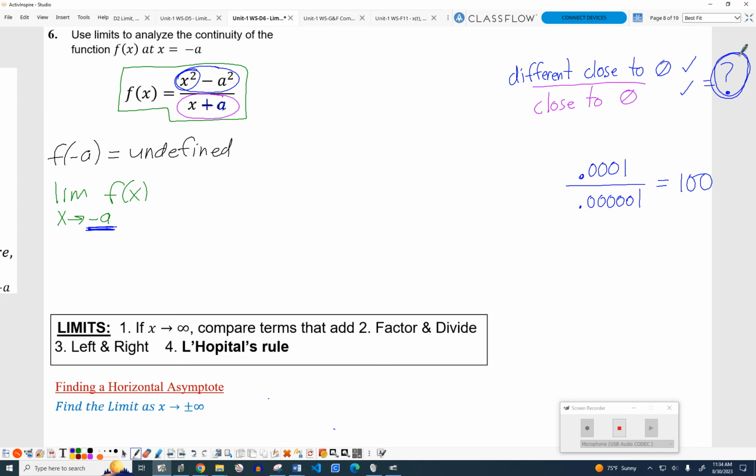Question. I'm confused why on top it's a different close to 0, not just the same as the other one that's close to 0. Let's think of a as a number, it might help. Let's think of a as just being 5. On the bottom we plug in something like 5.1.